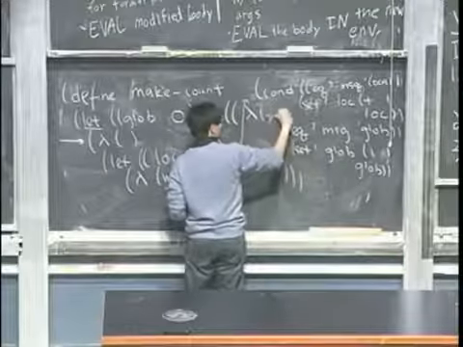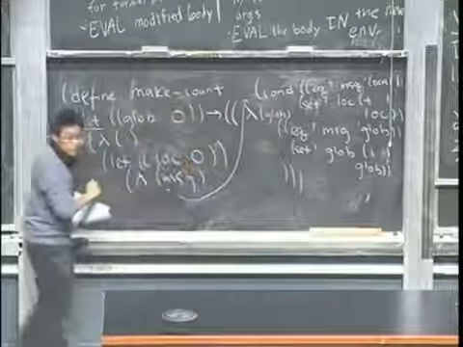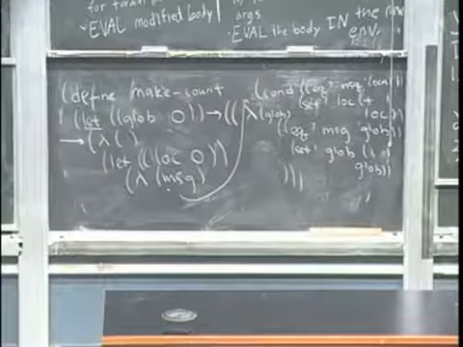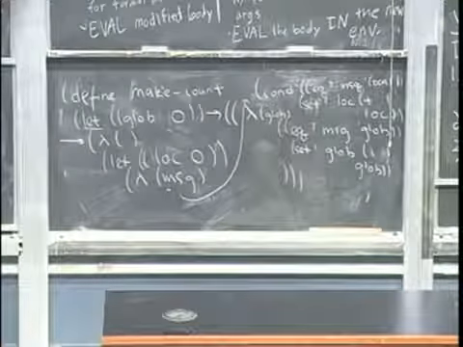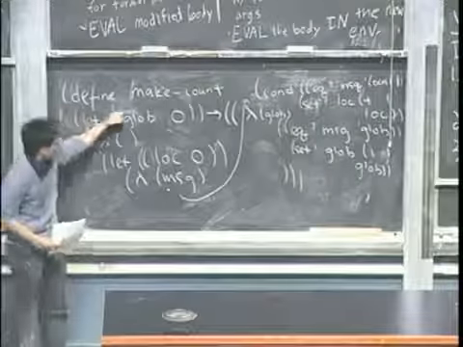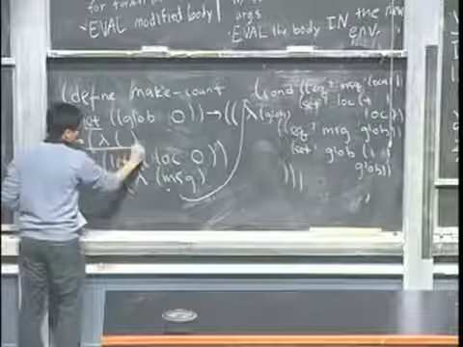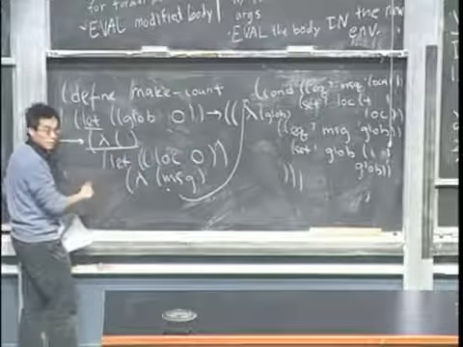So it becomes making a lambda and calling it right away. Essentially, after we're done defining make-count, it is just this lambda and everything inside.